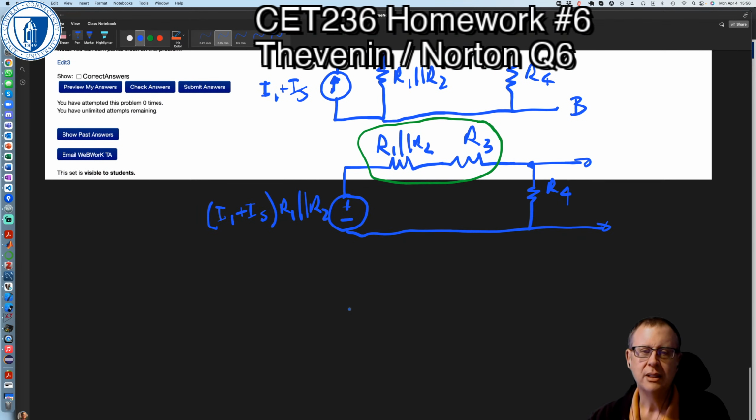Right, so then we can convert this Thevenin equivalent into a Norton equivalent, where the current source is just I1 plus IS times R1 in parallel with R2, that's the voltage, divided by the resistance, which is now R1 in parallel with R2 plus R3.